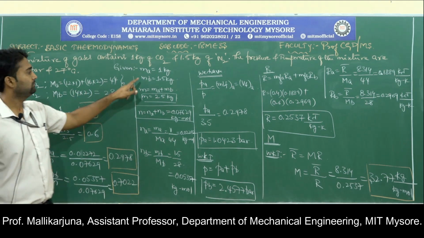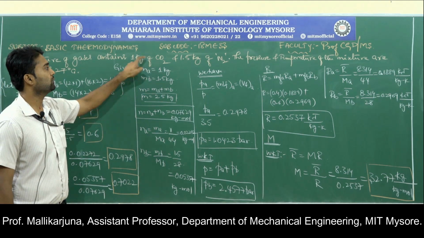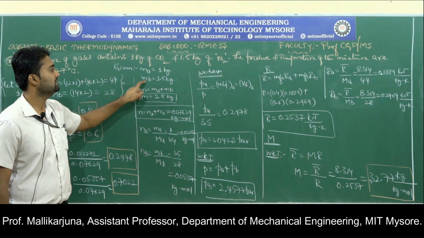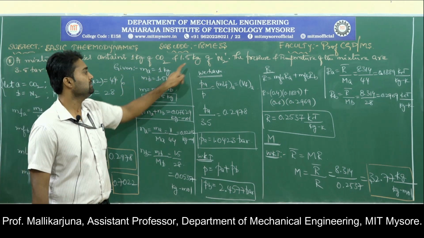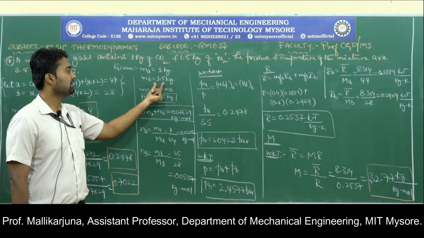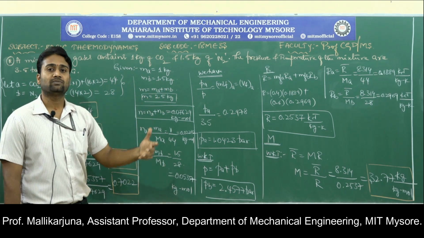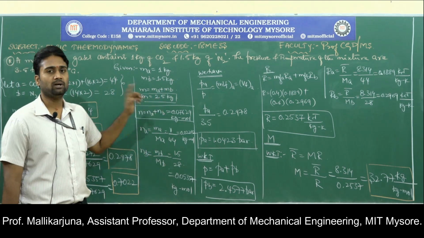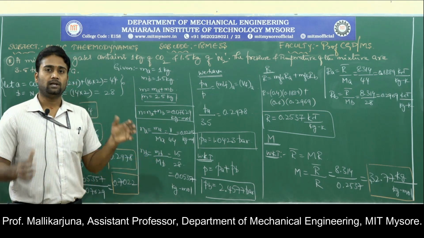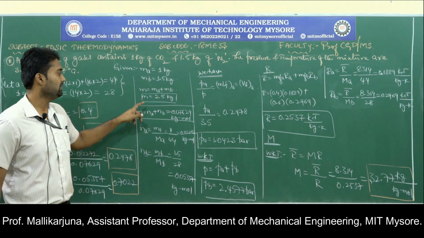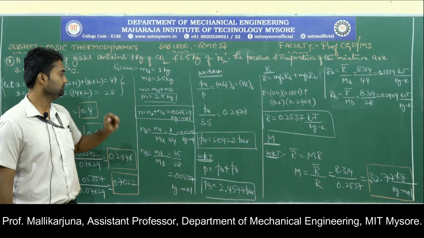Next, the mass of CO2, Ma, is 1 kg, and the mass of N2 is 1.5 kg. If I summate those two, I will get the mass of the mixture, which is 2.5 kg. The addition of the individual gases' masses gives me the mass of the overall mixture.